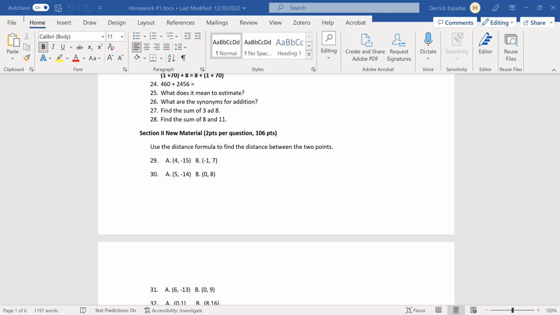And then we go to the calculator to figure out the square root of 425. It's going to be 20.61. And that makes sense because square root of 400 is 20. So we know we're in the correct neighborhood on that.